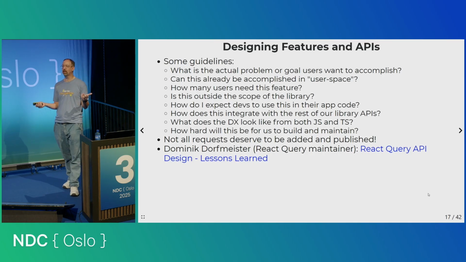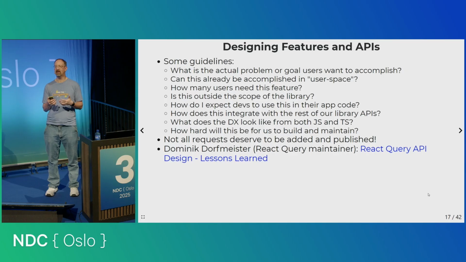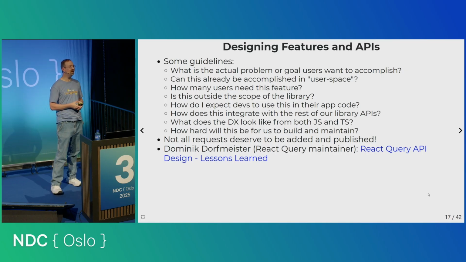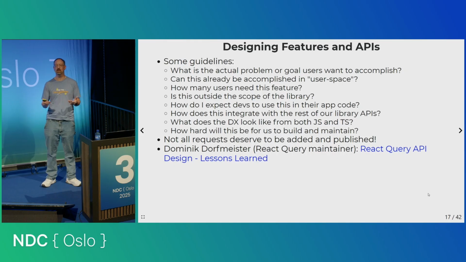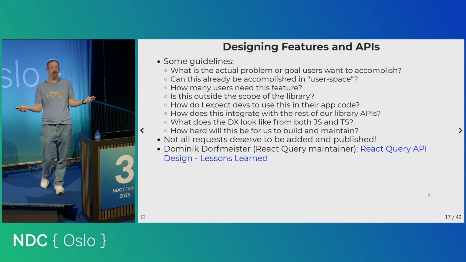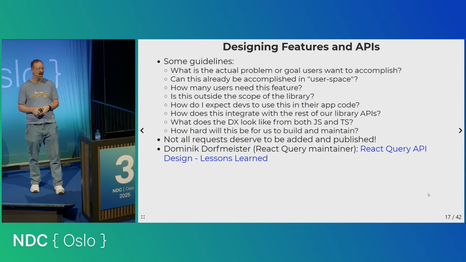If you're using JavaScript or TypeScript, what does the expected type definition patterns look like? And really, how hard is this going to be for us to build or maintain? Yeah, we can ship it, but are we going to spend lots and lots of time dealing with this? Every bit of code we add to the library is something we own pretty much permanently after that.